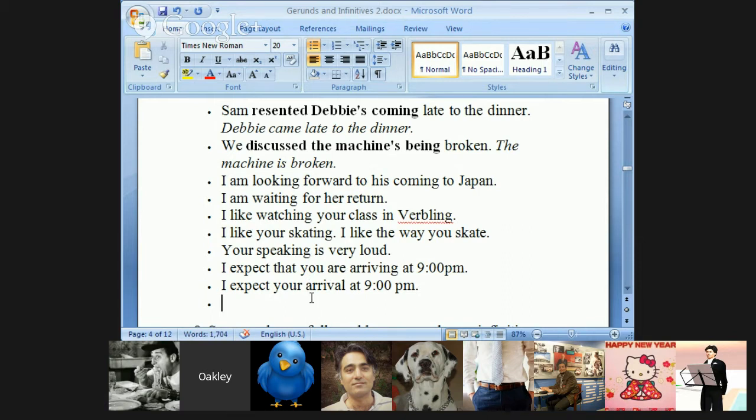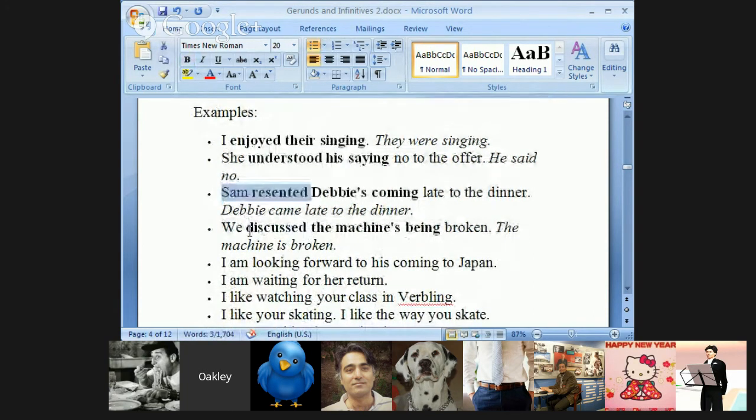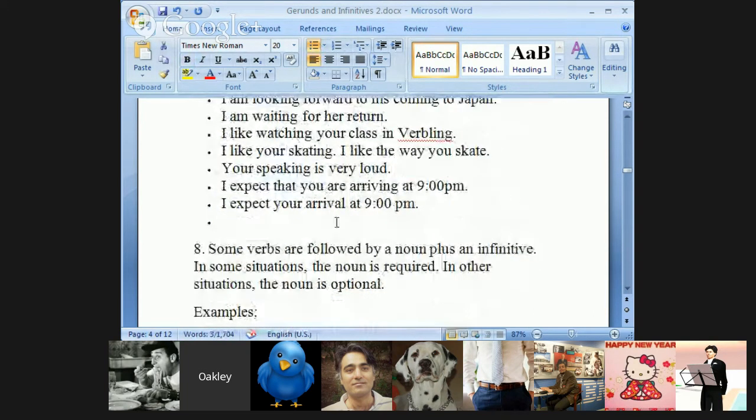To do this exercise, notice again, stative verbs: enjoy, like, love, hate, think, resent, understand. Stative verbs are much easier to use gerunds after. I think we're accidentally learning that. Max, give it a shot here.